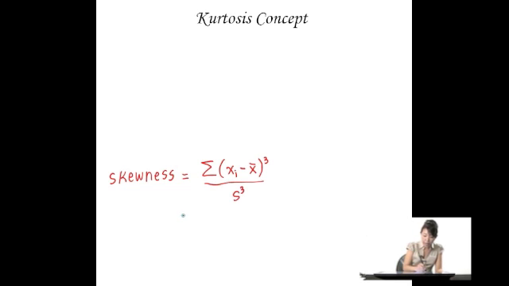Now, sometimes you might see this formula written more like this, with x sub i minus the mean cubed over s to the third power. Now, this and this, they really mean the same thing. It's just different ways of writing it.